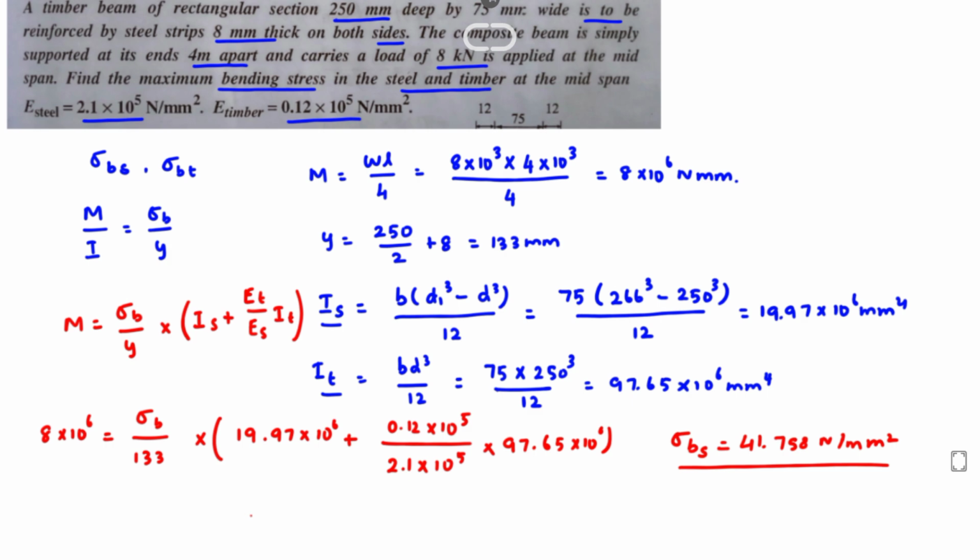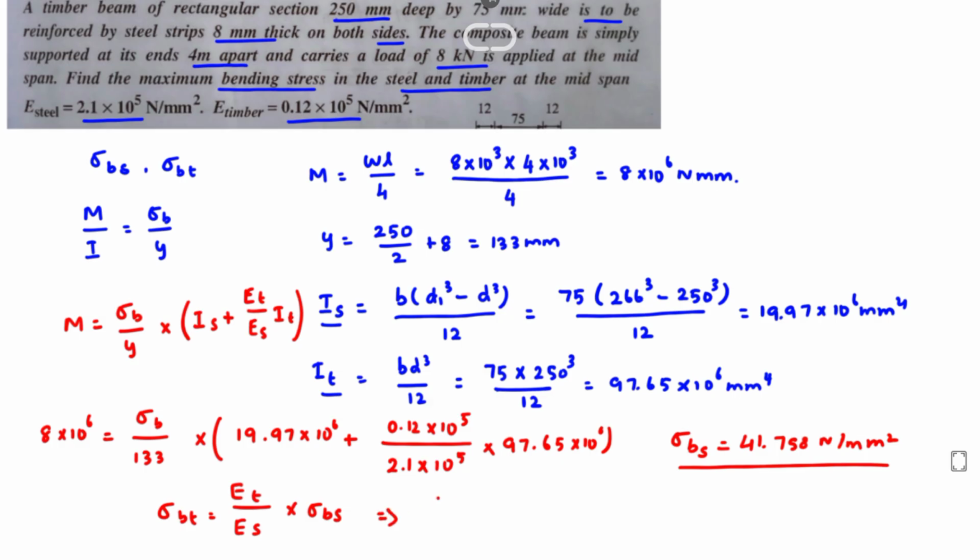Next we can find out the stress for timber. Sigma bt equals Et, the Young's modulus of timber, divided by Young's modulus of steel, into sigma bs, that is the bending stress of steel. Now we substitute all the values over here.